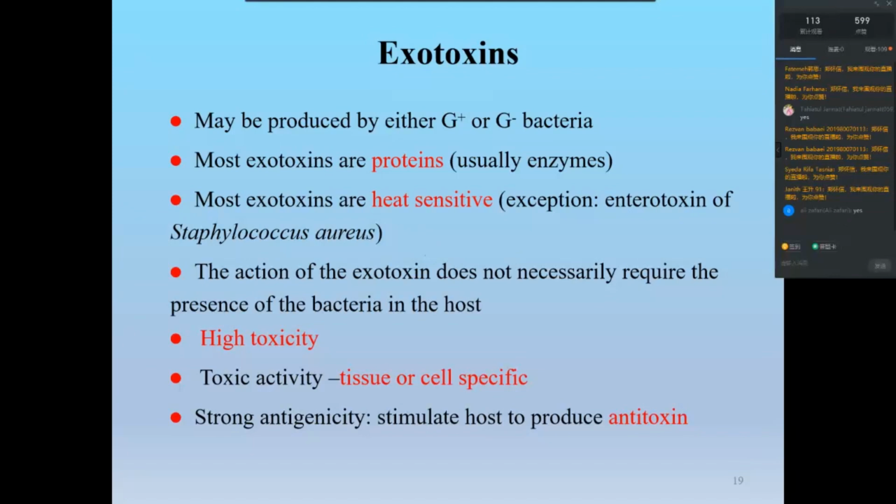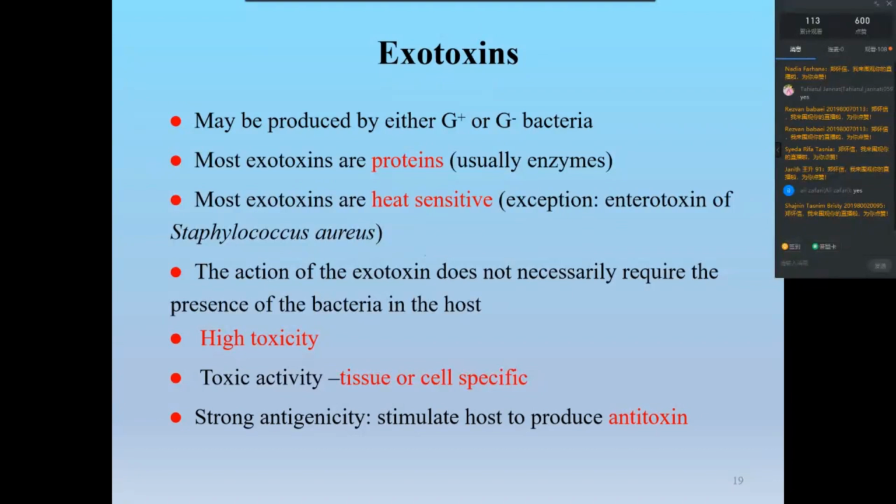And most exotoxins are heat sensitive. Here, most means usually they are heat sensitive, but some exotoxins are heat resistant. Generally, simply increasing the temperature doesn't kill the protein molecule, doesn't inactivate the protein molecule.